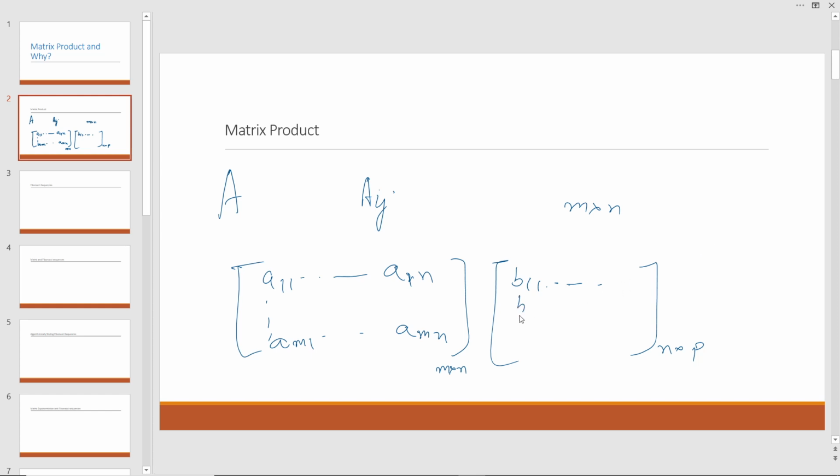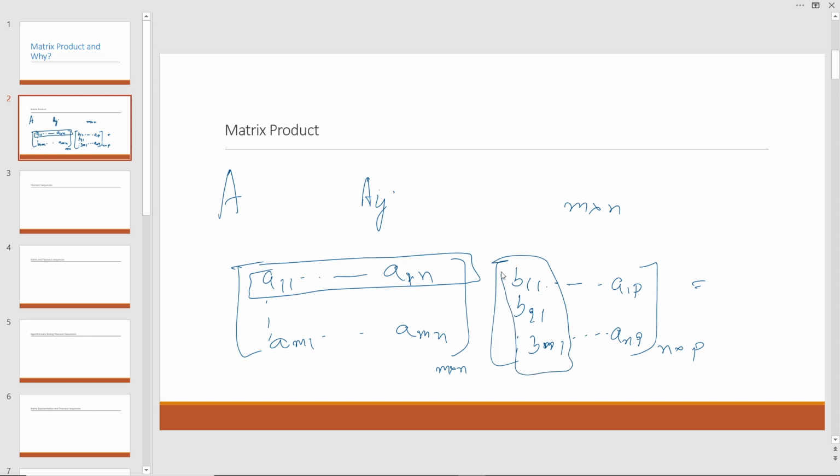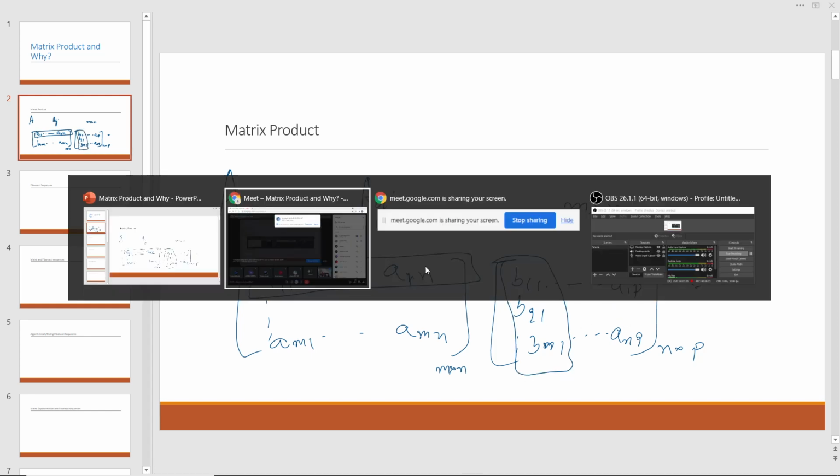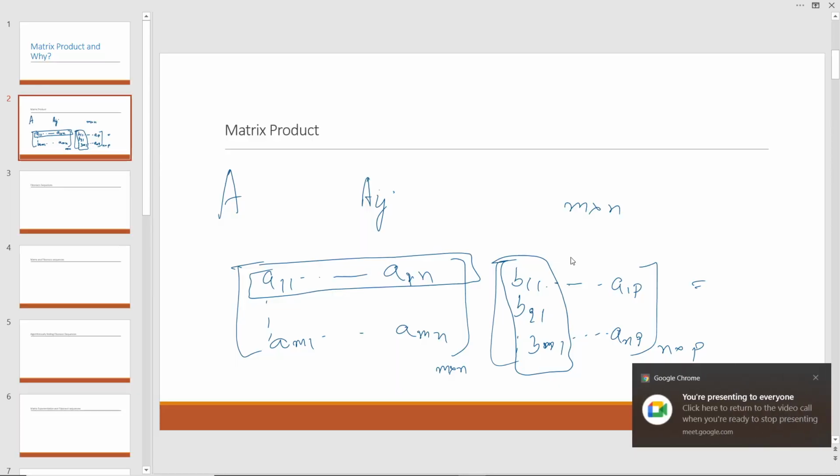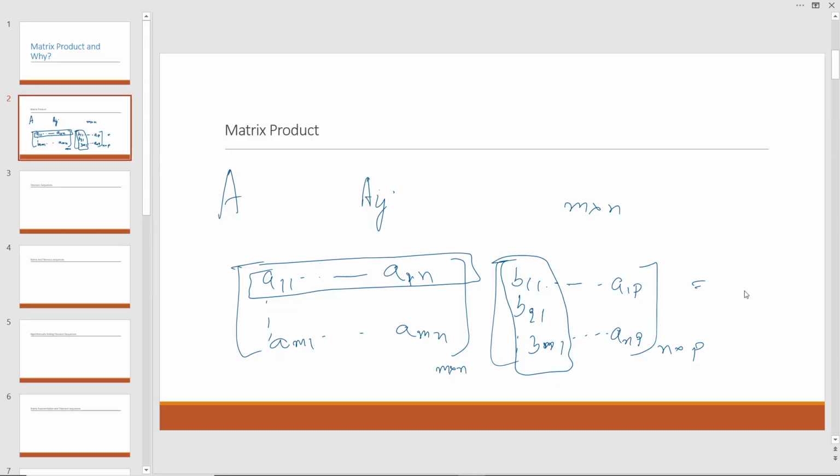So this is B. Basically, in this matrix multiplication, we consider this row as a vector and this column as a vector, and we just take their dot product. So this is our first entry.